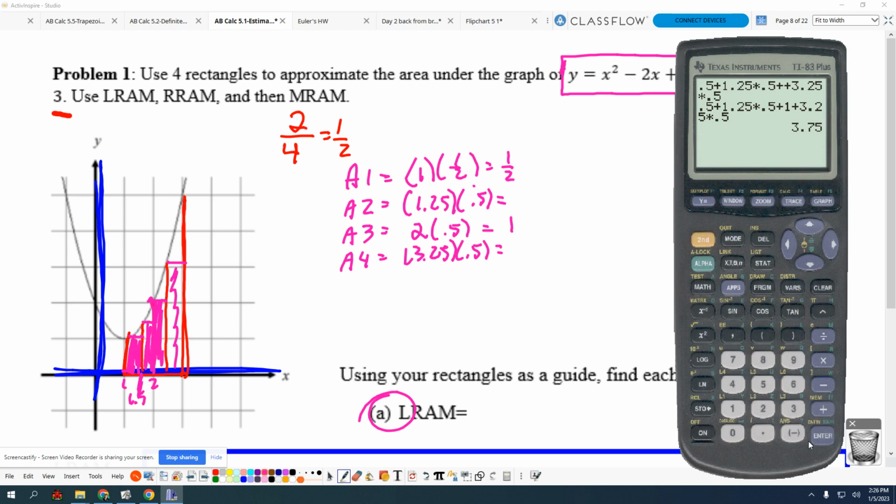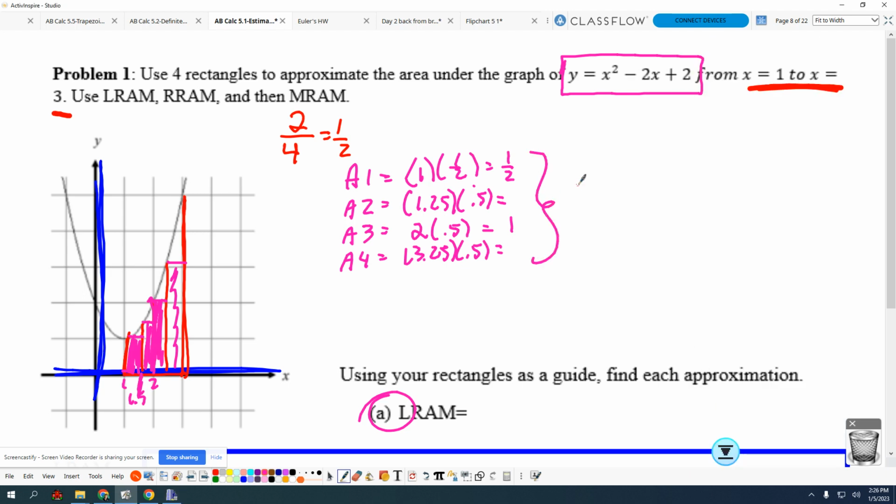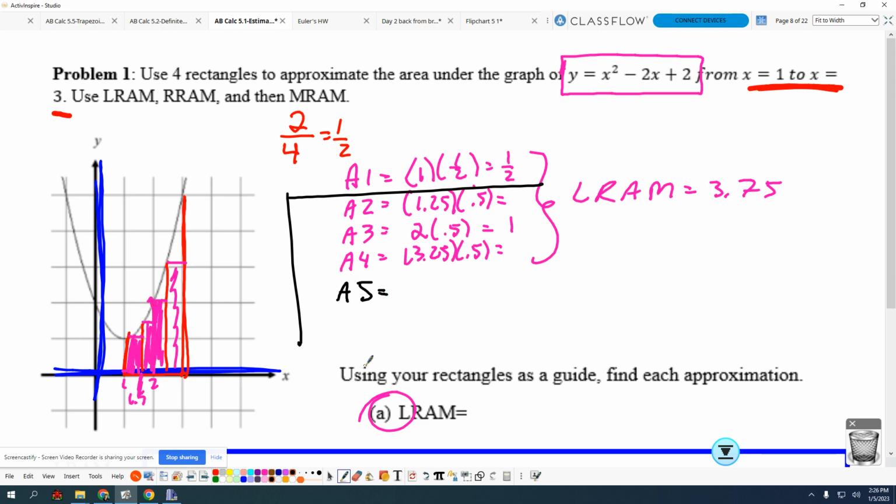Using RRAM, I need all those same calculations, but the last one. This A2 is this one, and for this height, I'd have to plug in 3 to get that value.